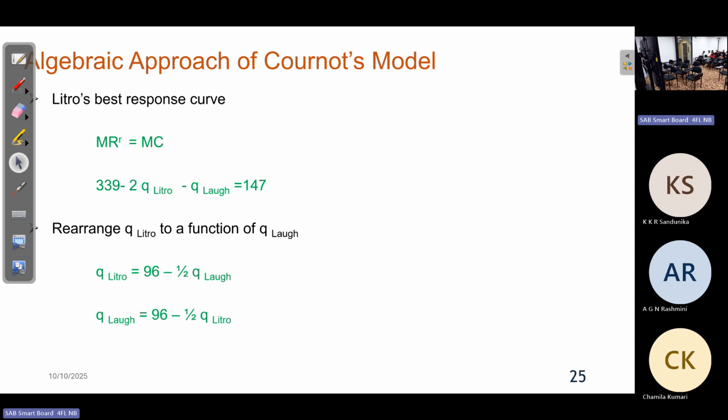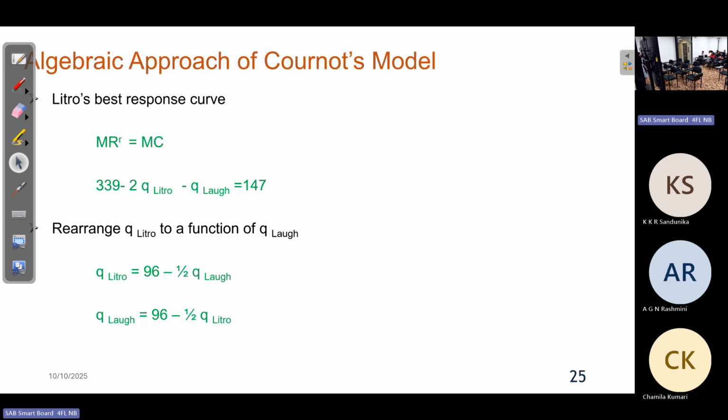Now the only difference here is that in this market there are two firms. So this quantity comes from firm 1 and firm 2. So we cannot just have one market marginal revenue and marginal cost because there are two firms.